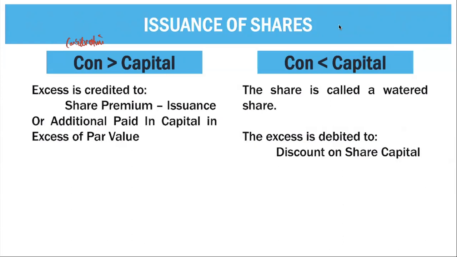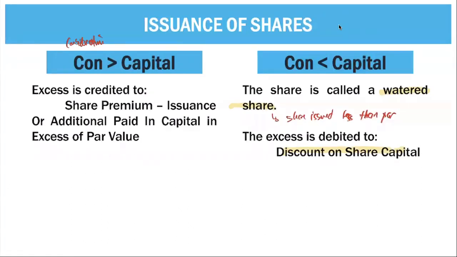Share premium issuance is also known as APIC, in excess of par. If the consideration is lesser than the capital, then we debit it to discount on share capital. If the share is issued less than the par value, we call it watered share. Okay? A share issued less than par.